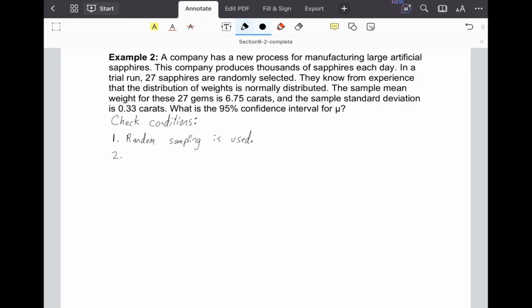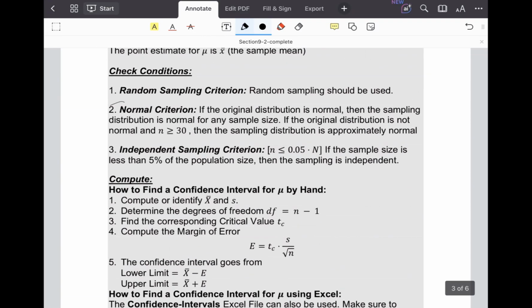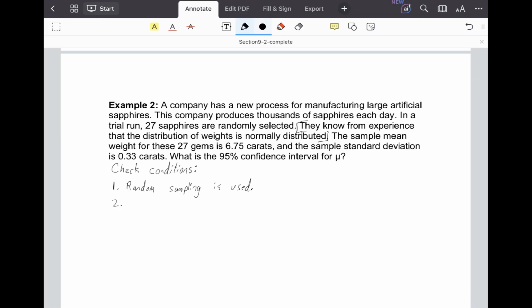Now, for the normal criterion, up here, you have two different cases. If the original is normal, we're good to go. If not, we need our sample size larger than 30. This one says the original is normally distributed. That's great. That means we don't need the condition that it's over 30.